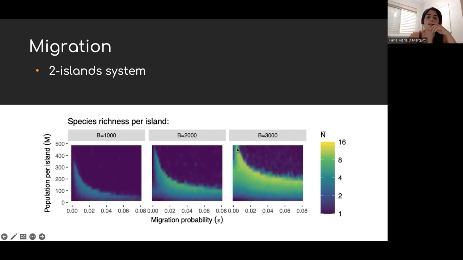And there is a maximum value here that we wanted to understand better: how it was possible, what are the processes forming these species. That is related with the migration rate, or the migration probability, and the population size.